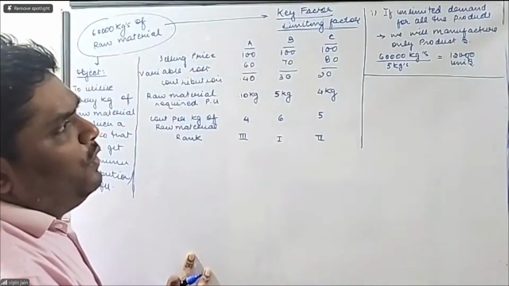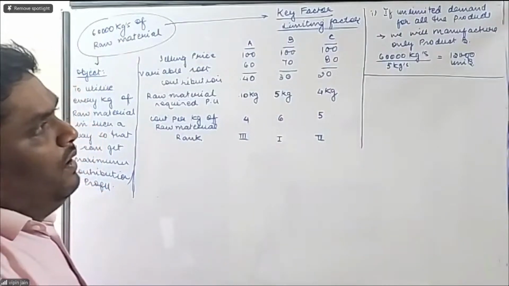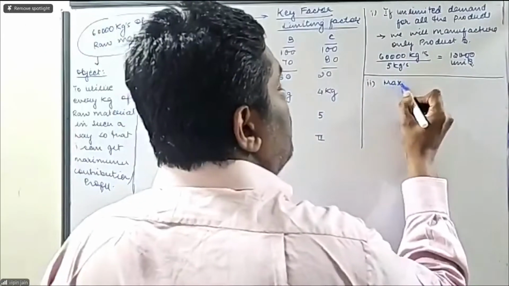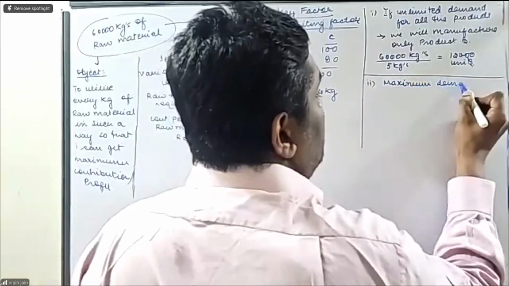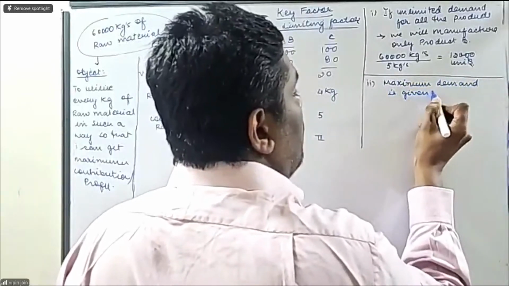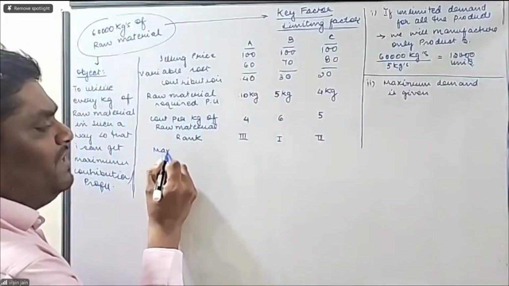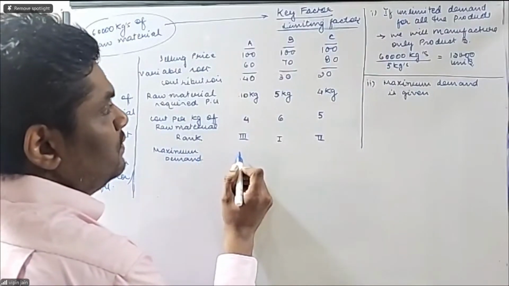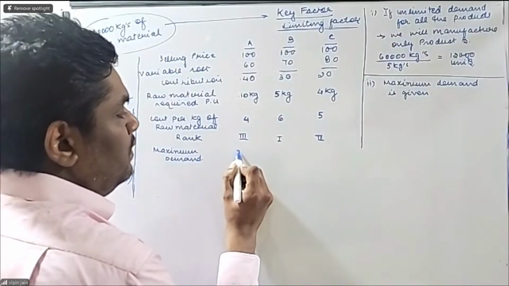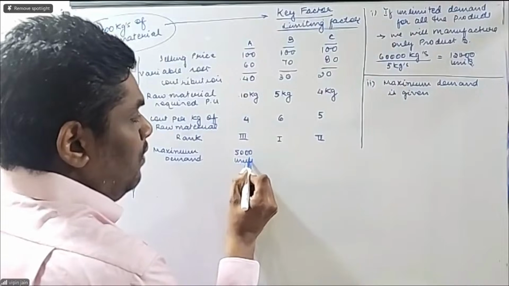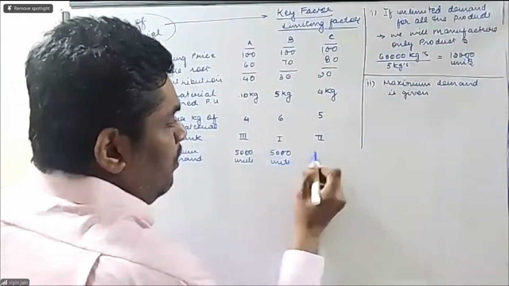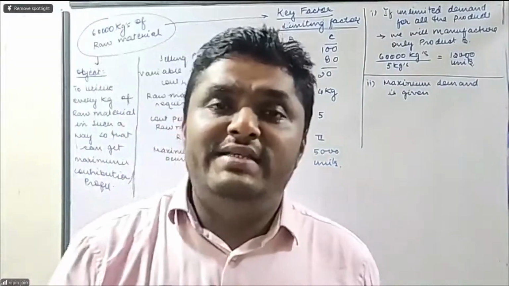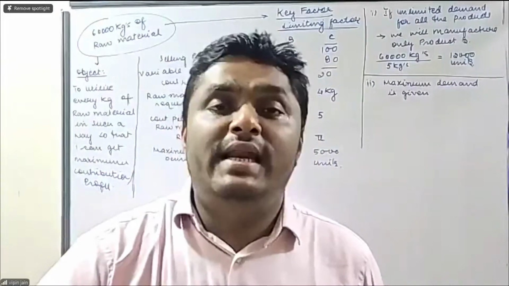So if there is unlimited demand for all the products, then we'll manufacture only product B. Now let's say maximum demand is given in the question, that is, we cannot sell more than 5,000 units of a particular product in the market.